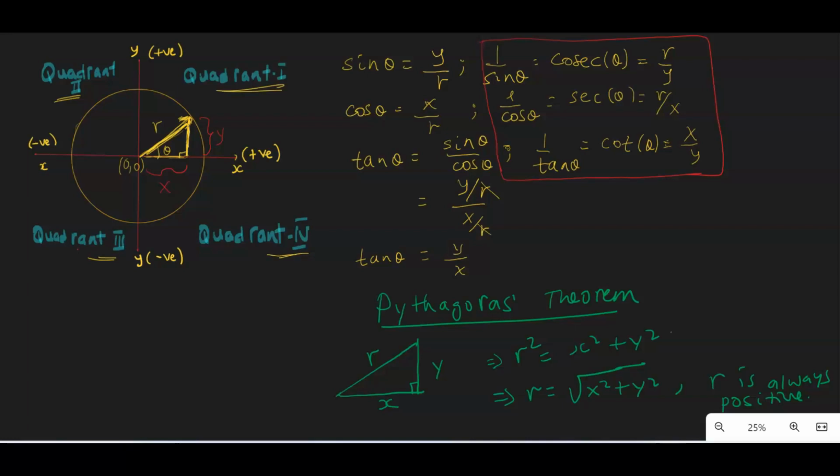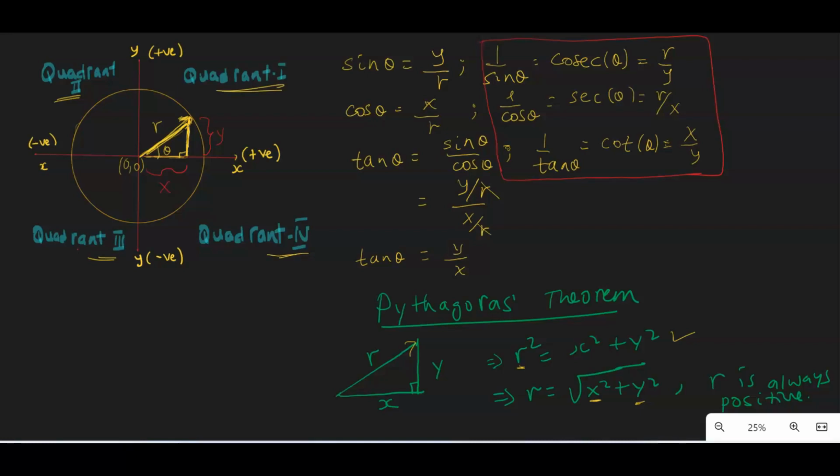So the r value here is the square root of the adjacent side square plus opposite side square, which is always positive.